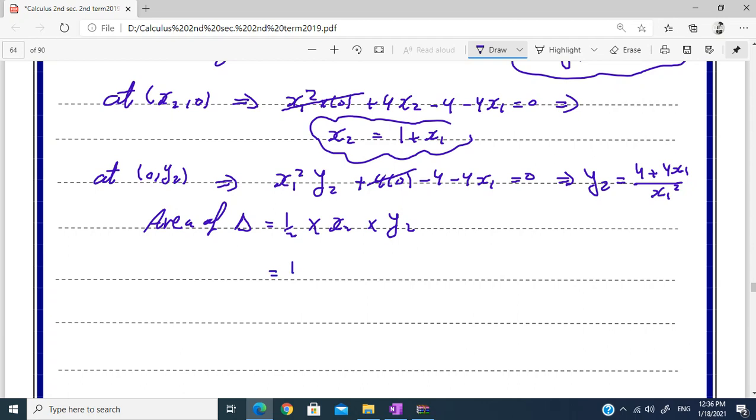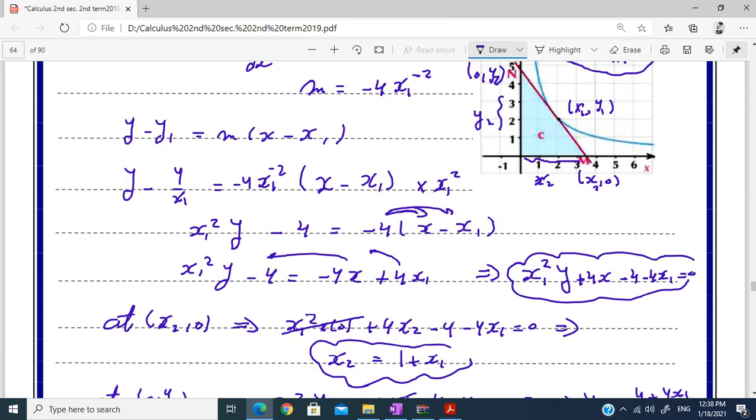By substitution, half times x2, which is 1 plus x1, times y2, which is 4 times (1 plus x1) over x1 power 2. So it will be half times 4, equals 2 times (1 plus x1) power 2 over x1 power 2.